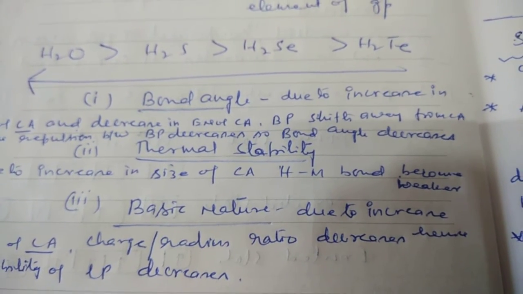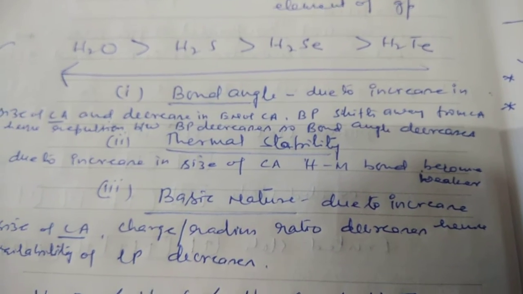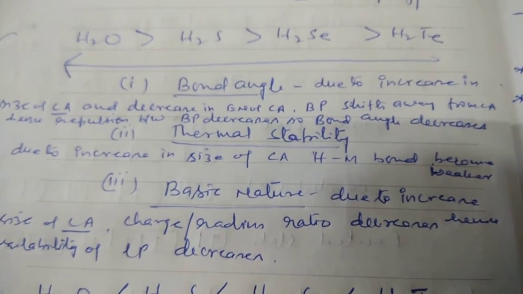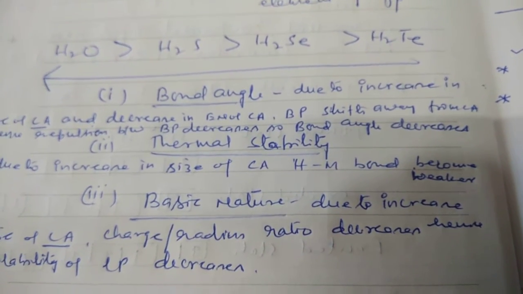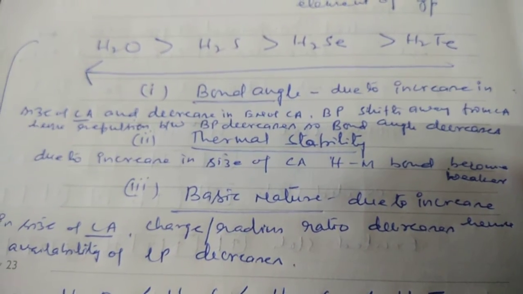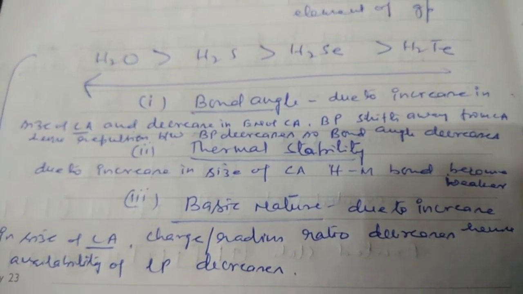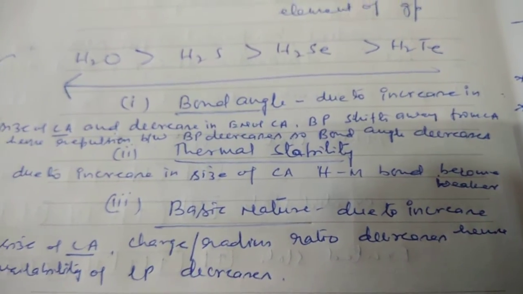Hence bond strength decreases. That is why the H-M bond is strongest for water and weakest for the hydride of tellurium. So thermal stability for water is maximum, while H2Te is minimum.